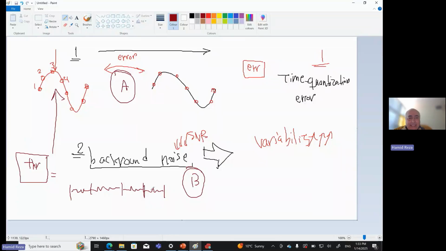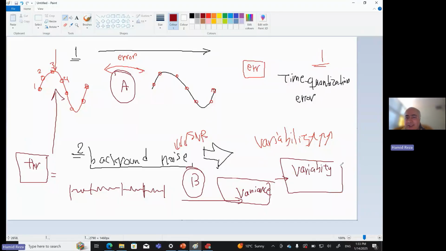And from this, we extract the variance of the noise, and from the variance of the noise, we are able to extract the amount of variability that you would expect based on statistical methods.